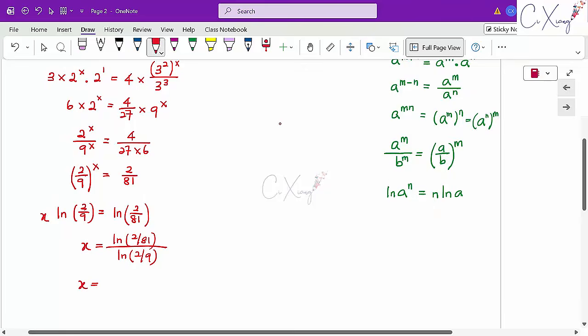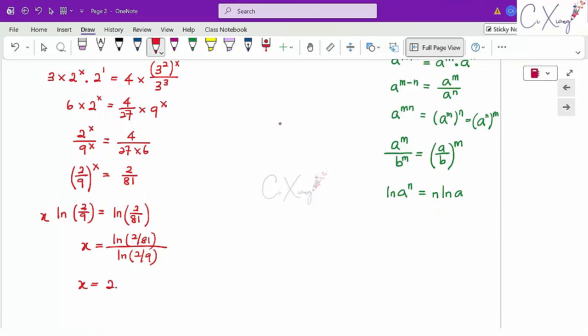Try to rephrase your answer, correct to 3 significant figure. So this is what I get. Then correct to 3 significant figure, the answer should be 2.46. So this is how I solve the question number 2.